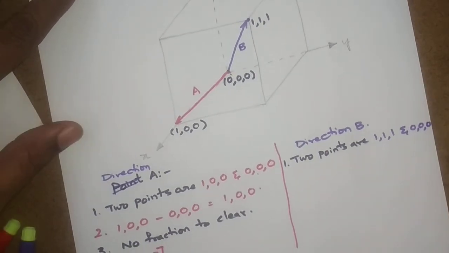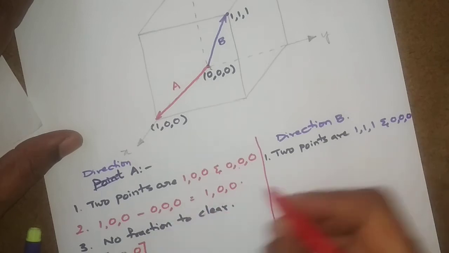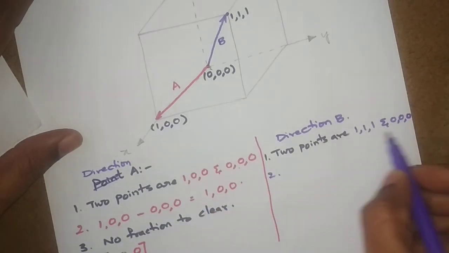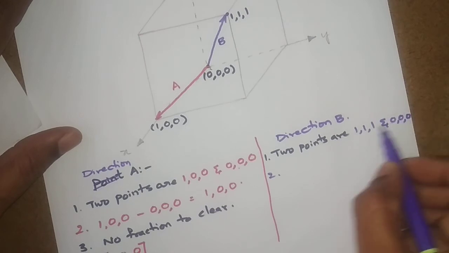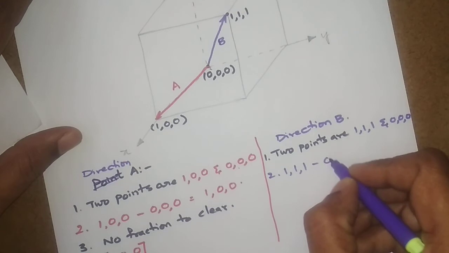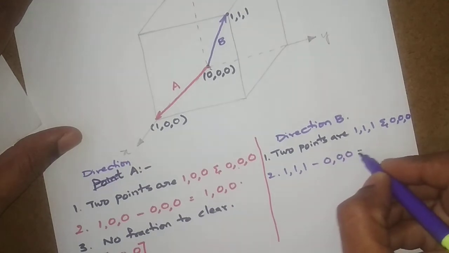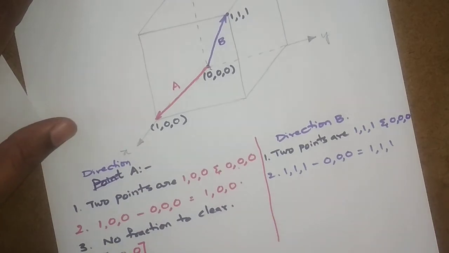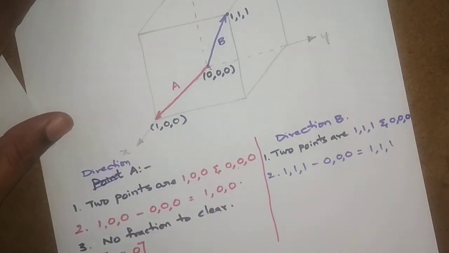Now the second step is to subtract the coordinates of the tail point from the coordinates of the head point. So 1, 1, 1 minus 0, 0, 0 is equal to 1, 1, 1. The third step is, if any fractions are there, we have to clear the fractions.